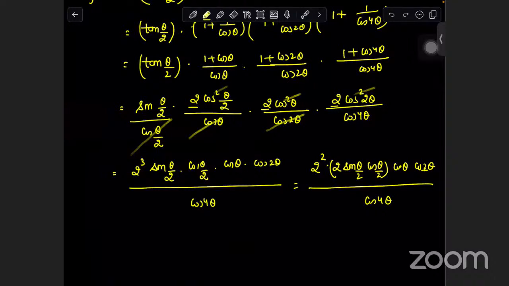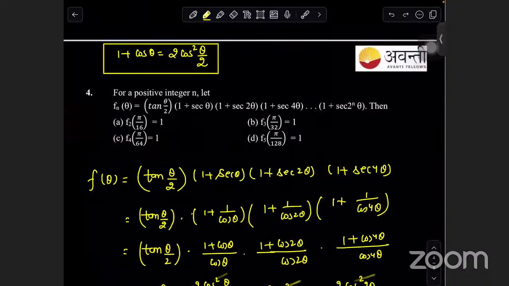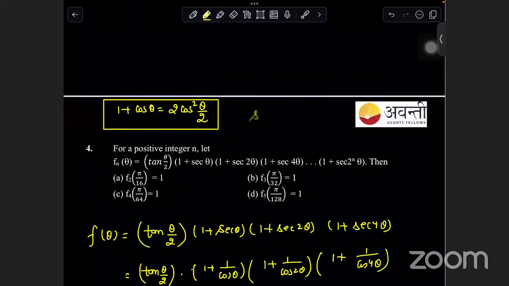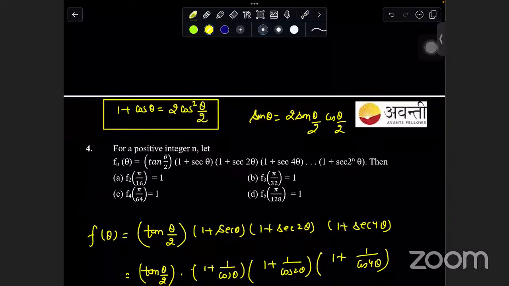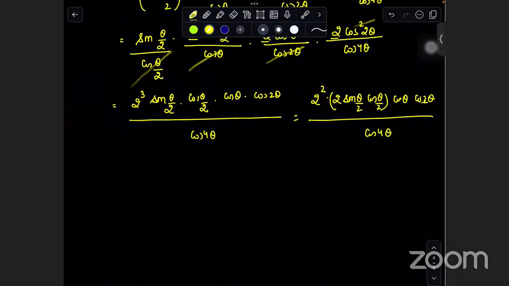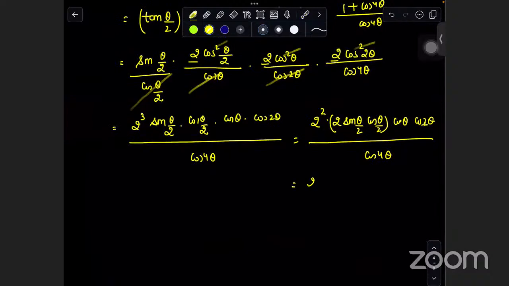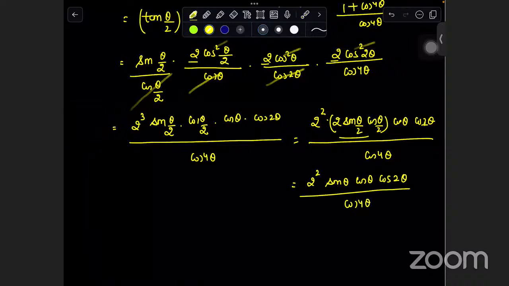Now tell me, what is this value? 2 sin(theta/2) cos(theta/2). There's another formula that sin theta is 2 sin(theta/2) cos(theta/2). So it will be 2 squared into, this will become sin theta, cos theta, cos 2 theta upon cos 4 theta.